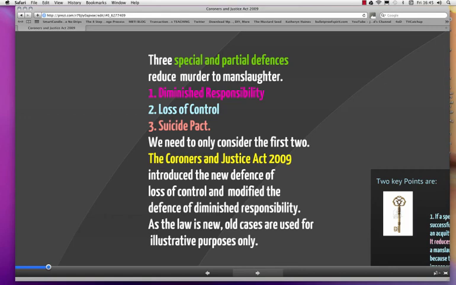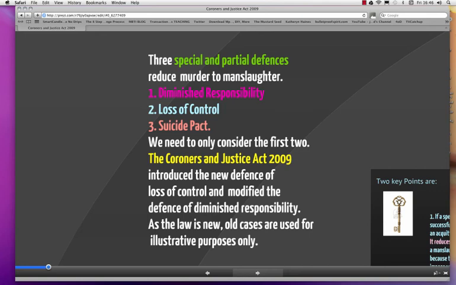Okay, so there are three special and partial defences that reduce a murder charge down to a manslaughter charge, and they are firstly diminished responsibility, secondly loss of control, and thirdly suicide pact. Now we are only going to consider the first two for this syllabus, and they are diminished responsibility and loss of control.